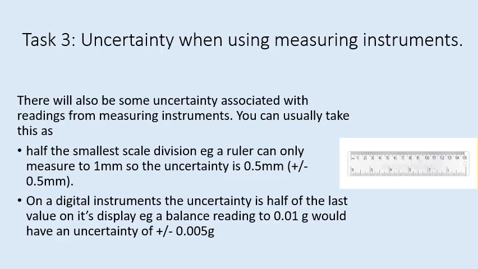So the third task is looking at the uncertainty when you use certain measuring instruments. In this case, we've got 2 examples. One is a ruler. So a ruler can measure to 1 millimetre. So the uncertainty is going to be half of that, which is plus or minus 0.5 millimetres.